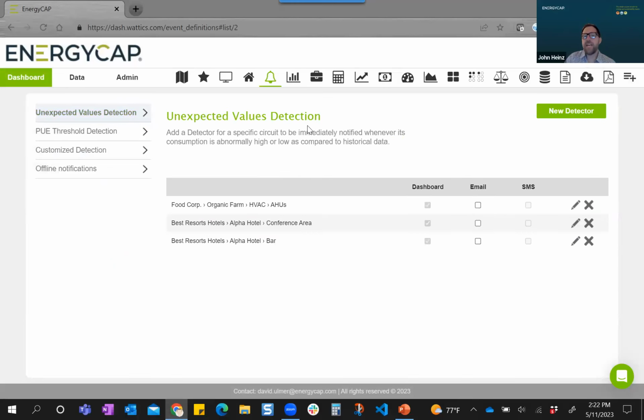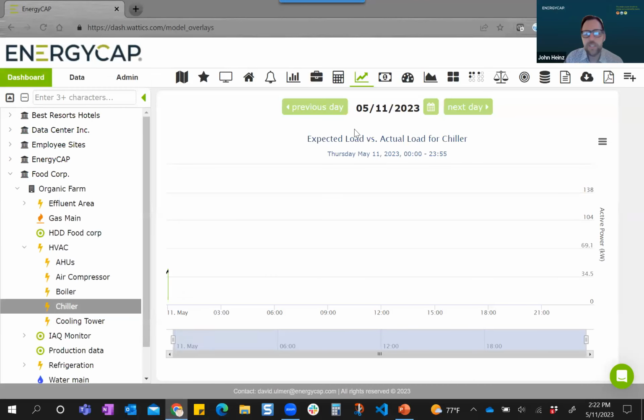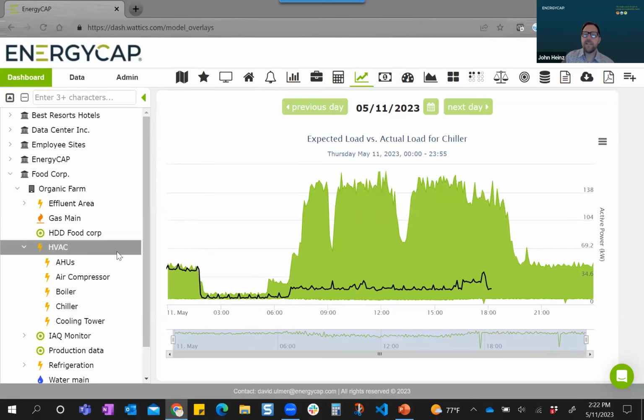The last are detections based on a machine learning capability called Sentinel. So these allow you to say, well, you tell me what's reasonable for this specific monitored point, and then you alert me when it goes outside of that. So what the system does is it creates an expected profile, which is in green, and then trends the actual compared to the expected for every point within the system.